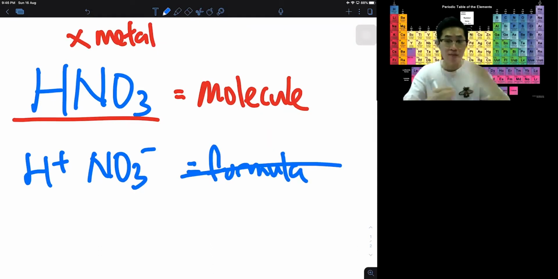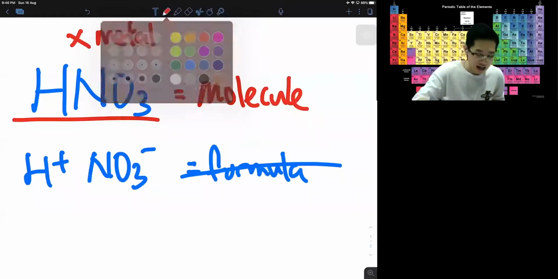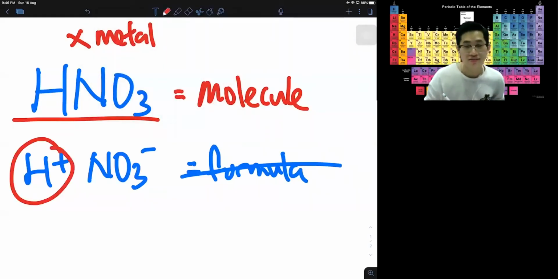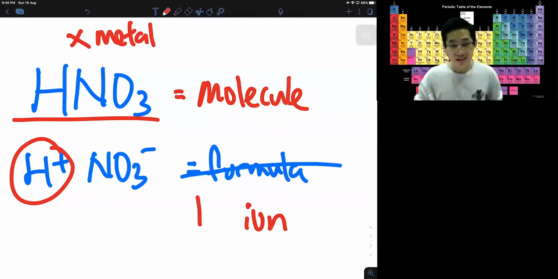That is how you differentiate molecule and formula: got metal or no metal. But what is very weird is they can actually ask you, got how many H+? Got how many hydrogen ion? Then you can say one hydrogen ion. That is the weird thing. There is the gray area, which is, they are non-metal, but yet they can form ions when they ionize in water.